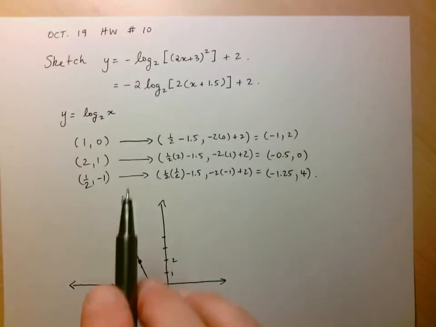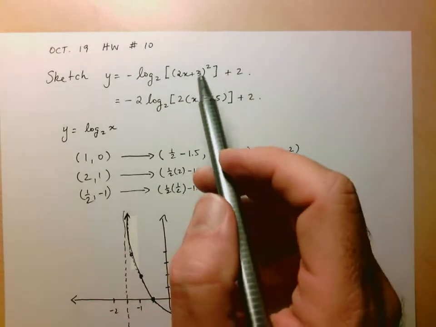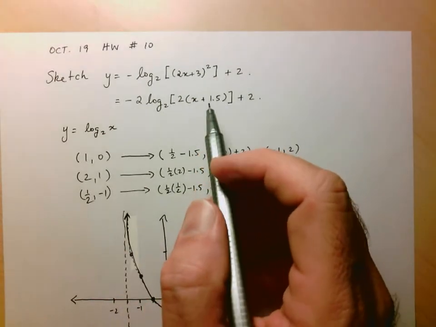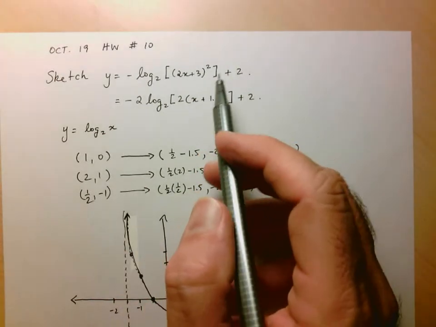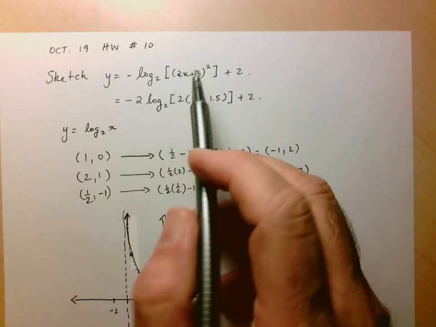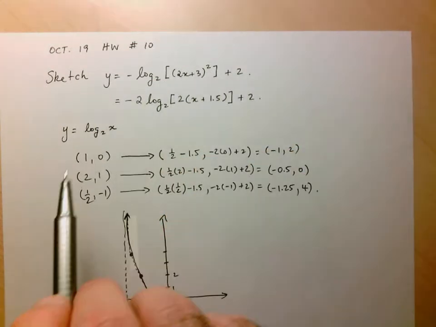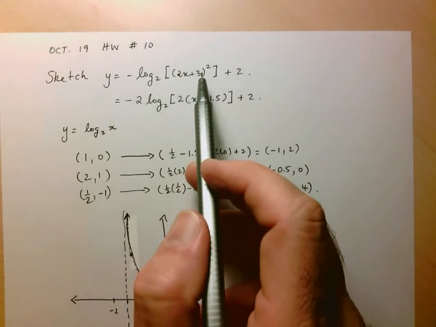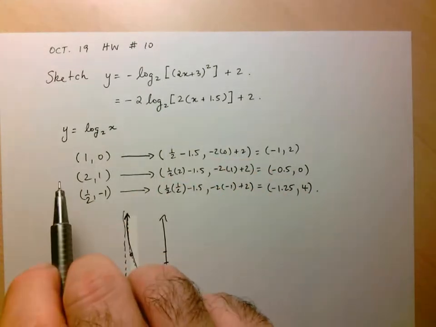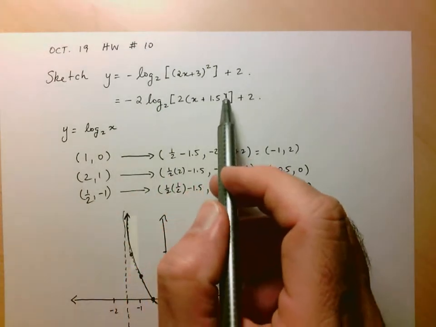Okay, this is where again we have to be careful. Sometimes when you do some algebra, you sometimes affect the outcome, because the original equation had this 2x plus 3 squared. We bring it down, the 2 is in front. Now let's take a look at this input here.